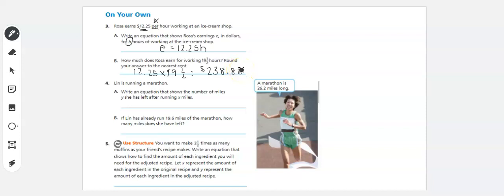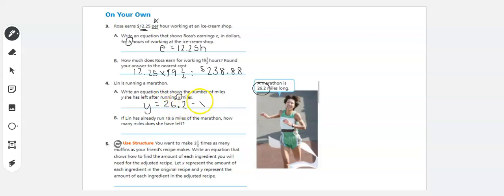Number 4, Lynn is running a marathon. Write an equation that shows the number of miles y. So y equals, she has left after running X miles. So we have this. A marathon right here is 26.2 miles. So the total amount you can run is 26.2.